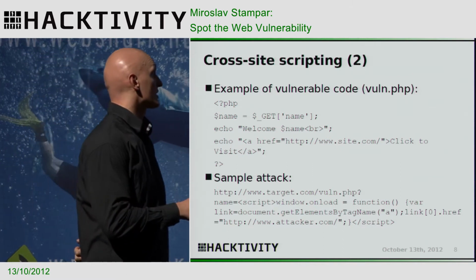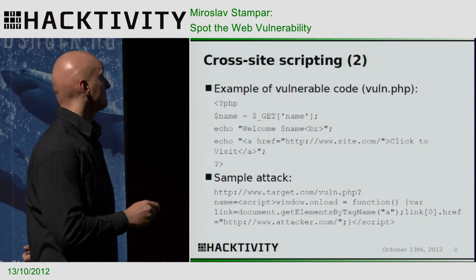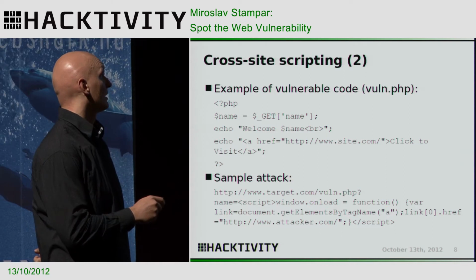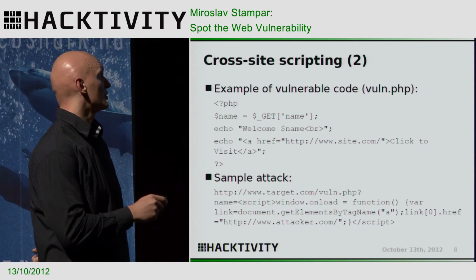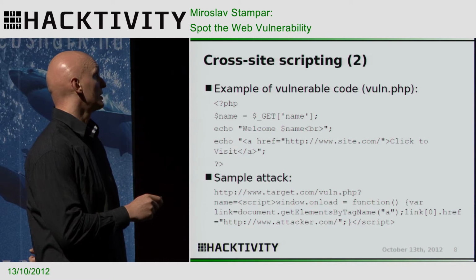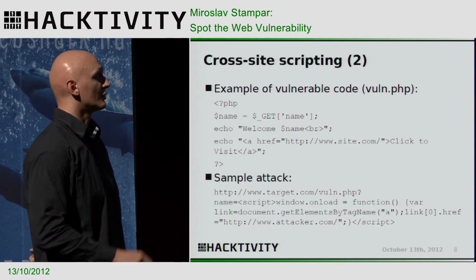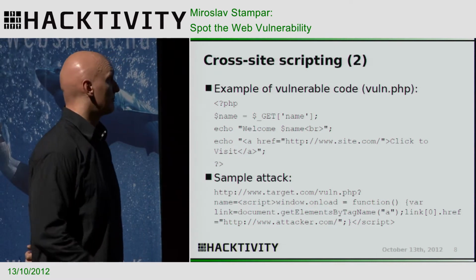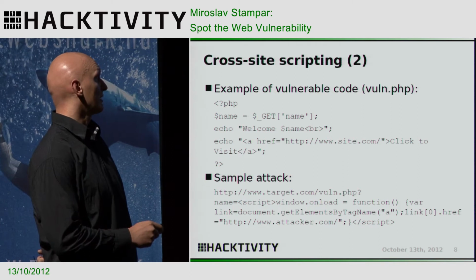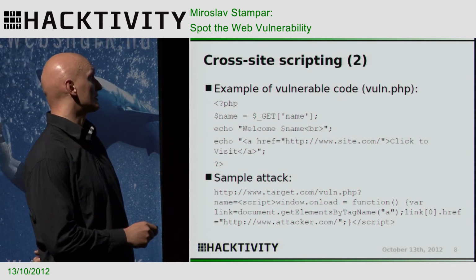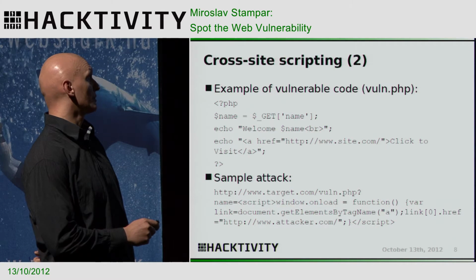Hello world of cross-site scripting goes like this. Basically, you have a GET parameter which is unfiltered, and you just put it into the output of the web page. A sample attack could go like this. Instead of putting in your valid name, you can put something like this inside the GET parameter.